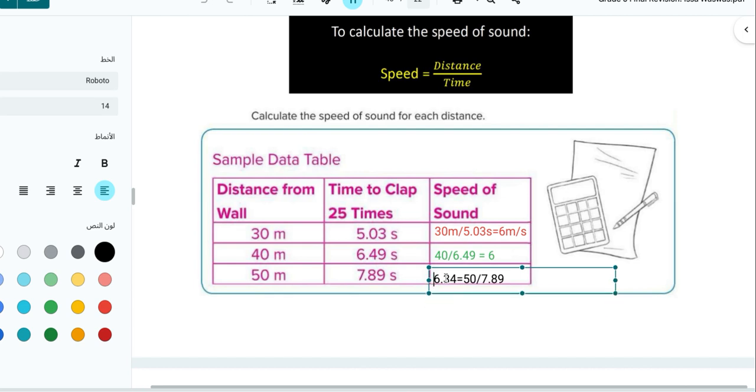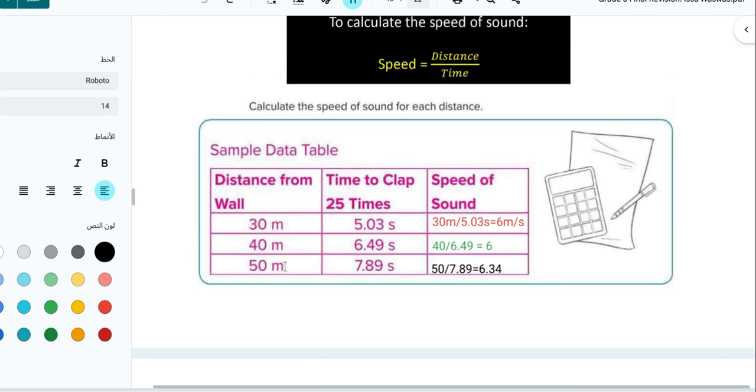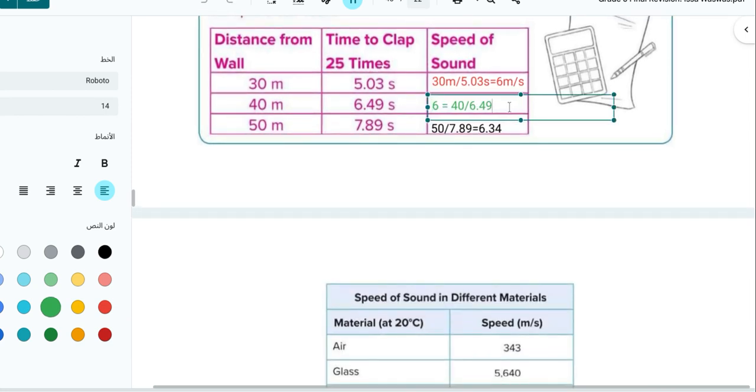Okay, so that's easy enough. You just take distance divided by time, and I have naked numbers here, so we need to make sure we write 6 meters per second, and here we also need 6.34 meters per second.